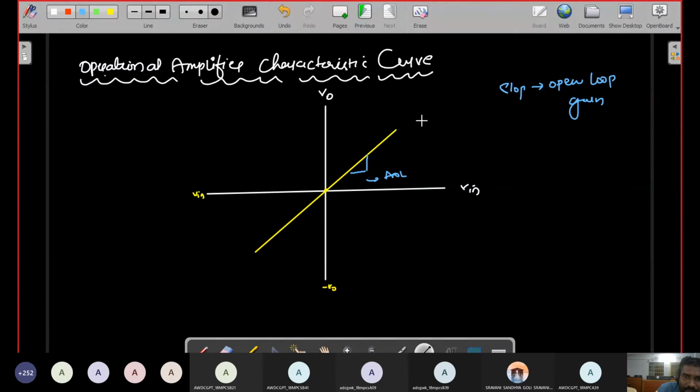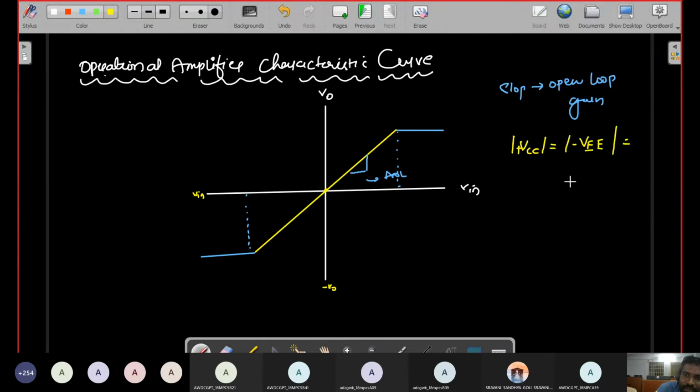If you draw the saturation condition, this is the saturation condition. When you get the saturation condition for that operational amplifier, as I already told you, the saturation will be modulus of VCC equal to plus VCC, mod of minus VEE.